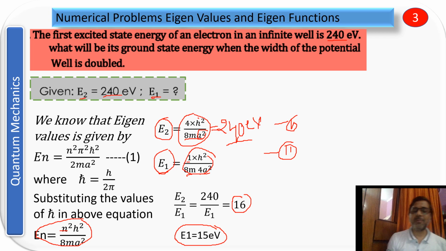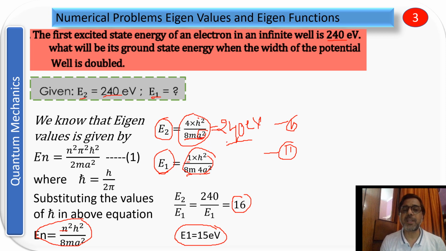This problem can be solved in another way also. What can be the other way? Look at equation 1. In equation 1, the value of E2 is given, and we know this is an electron, so we know the mass of the electron. Substitute all those values and calculate the value of A. Energy is given, so except A, everything is known to you.